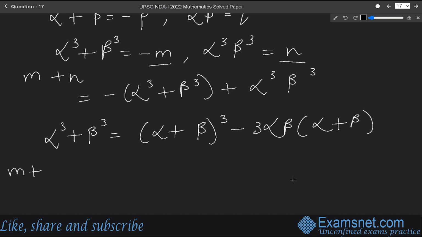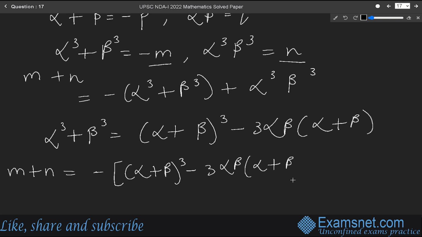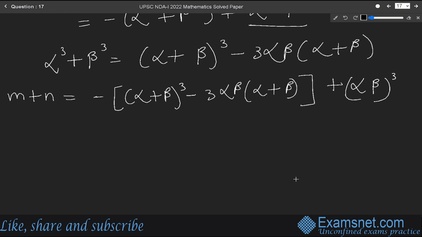Now putting the value of the formula here, we get m plus n is equal to minus of alpha plus beta whole cube minus 3 alpha beta into alpha plus beta, and the second term was plus alpha cube into beta cube. So I can write it as alpha into beta whole cube. Now putting the values, we know that alpha plus beta is minus p.